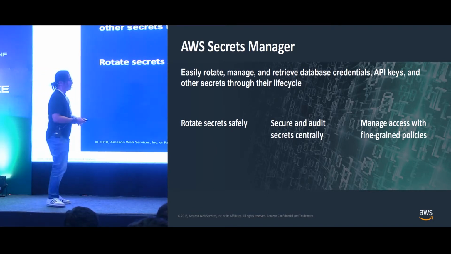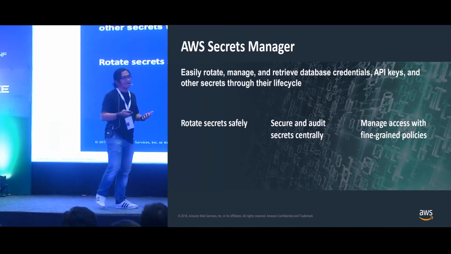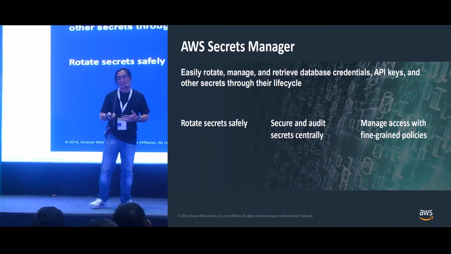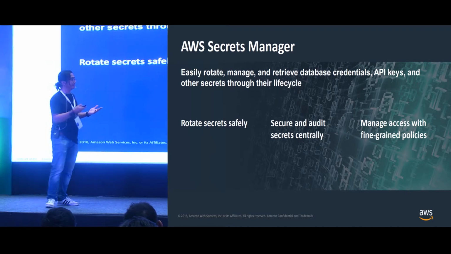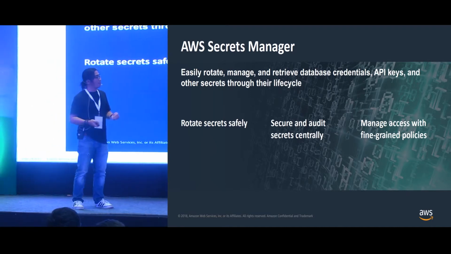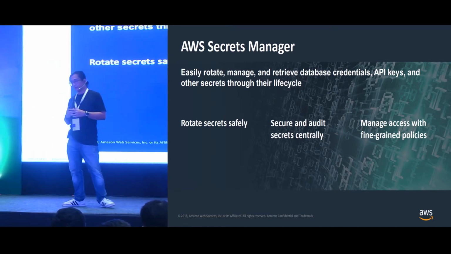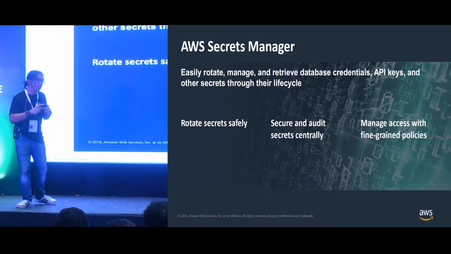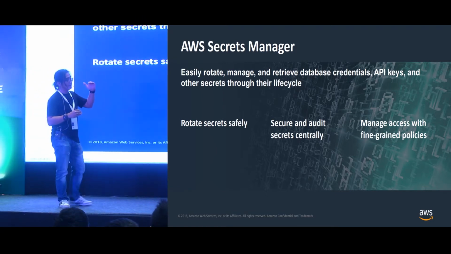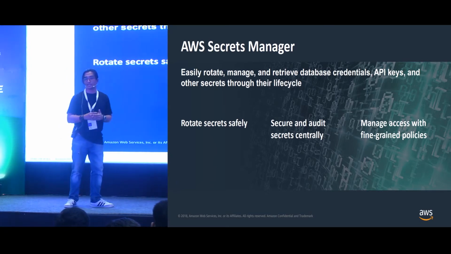AWS has a service called AWS Secrets Manager. What's the big difference between AWS Secrets Manager and Systems Manager Parameter Store? With Secrets Manager, you have the flexibility to rotate your password, so you don't need to manage your passwords and glue them into your applications one by one.